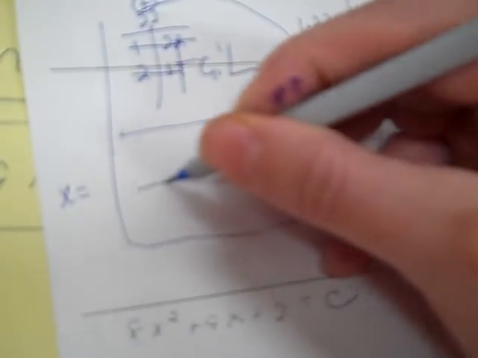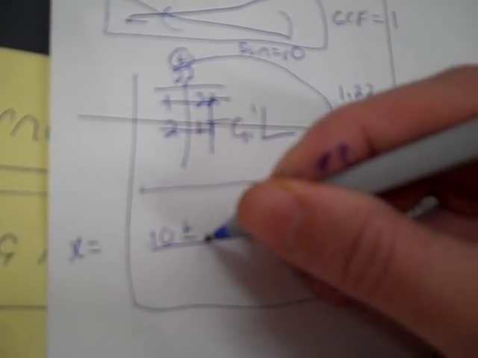X equals opposite of B, opposite of B. So opposite of negative 10 is positive 10, plus or minus the square root, parentheses to the second, minus 3 in a row, okay?